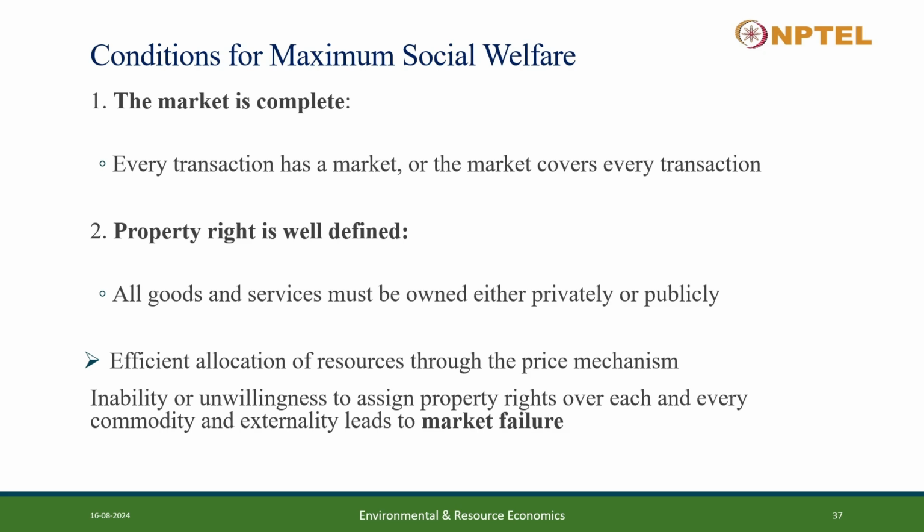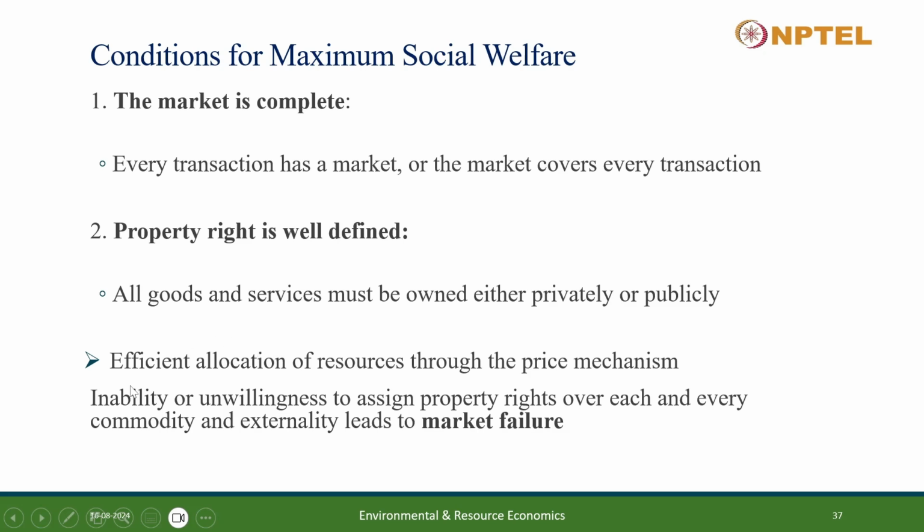So, what property right means is that all the goods and services must be owned by private entities or a public entity, but all the property should be owned by a certain person. So those are two conditions so that the social welfare is maximized. If these two conditions are met, then the efficient allocation of resources happens.